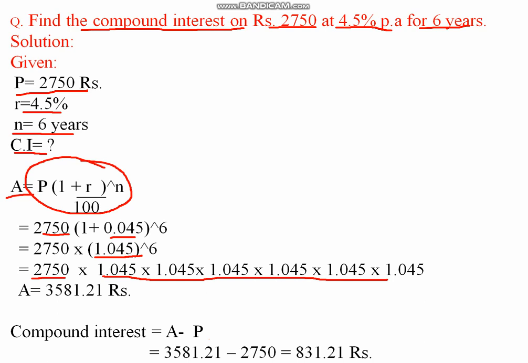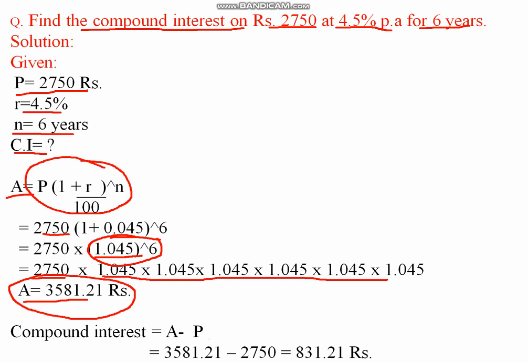You get the answer here: A is equal to 3581.21 rupees. This is the amount. When we add the principal and the interest, we get the amount, and this amount is 3581.21 rupees.